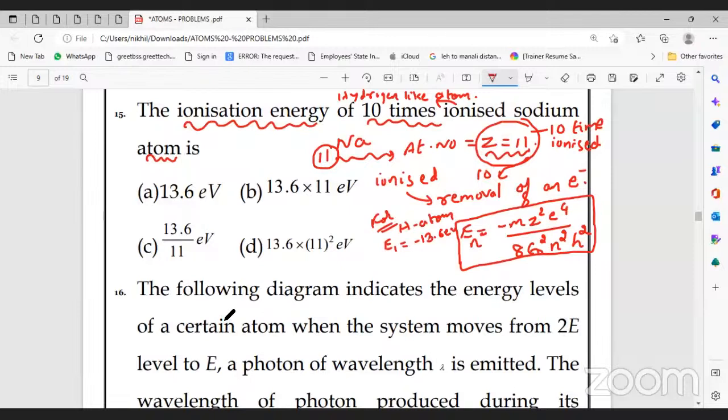But they are not expecting it for the hydrogen atom. They are expecting it for the sodium. So for sodium, energy is directly proportional to Z squared, isn't it? If you are going from hydrogen to hydrogen-like atoms, because you know that the Bohr theory is applicable for both hydrogen as well as hydrogen-like atoms.